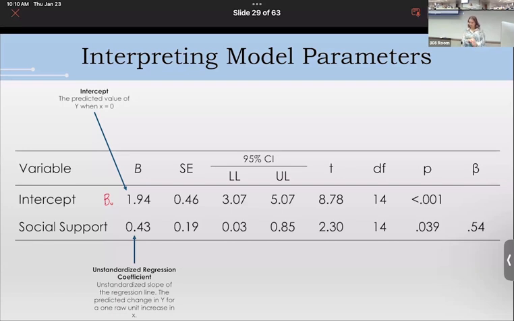It's the predicted change in Y for a 1 raw unit increase in X. So as social support goes up by 1 point on the social support scale, self-esteem is going to go up by 0.43 points on the self-esteem scale.